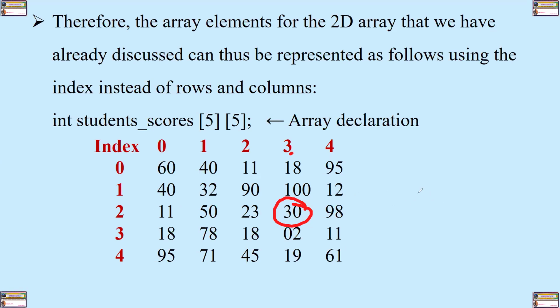So we enclose 2, meaning index 2, and index 3. But we must include the name, student scores. So student scores [2][3] means it is the element in the array at the intersection between index 2 and index 3. That means index 2 for the row, index 3 for the column.